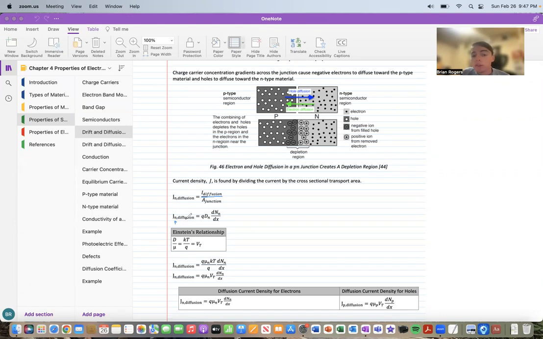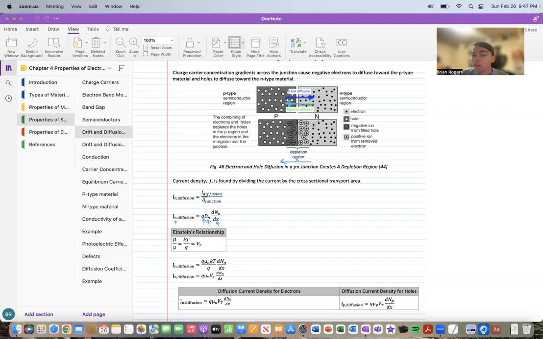So we're talking about the electrons diffusing over to the left-hand side here. The diffusion current is going to be calculated from the charge multiplied by the diffusion constant multiplied by the concentration gradient. And you'll notice that as you traverse in the x direction, because those electrons will be moving over, you're going to see that the concentration is going to change.